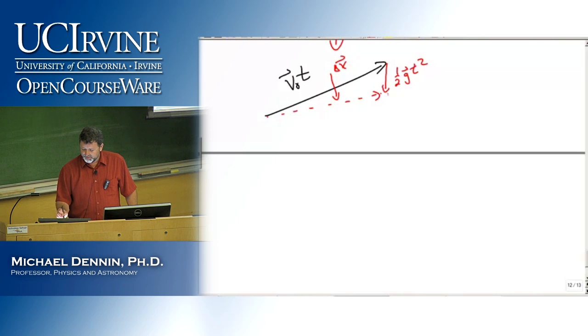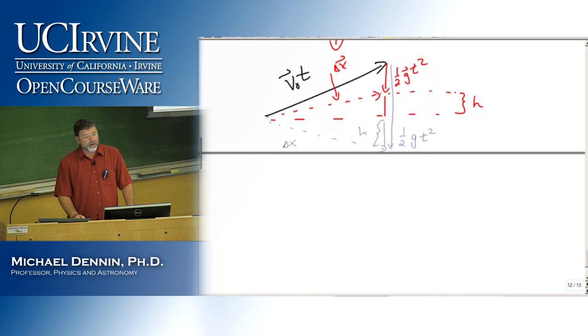And notice you land some height above where you started. I could also have a 1/2 g t squared like that, where this is my delta x. And now I end up some height h below where I started.